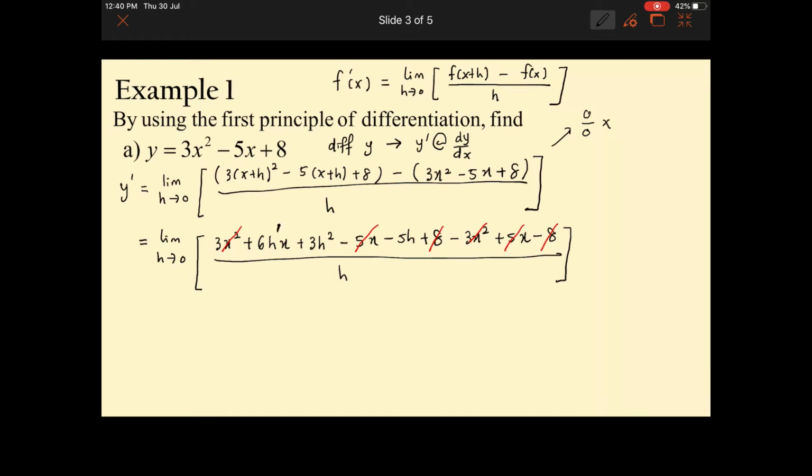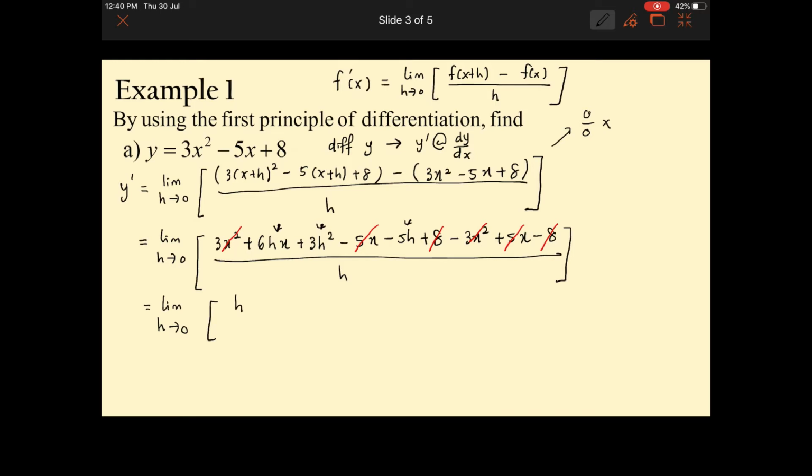Okay, once again, if you directly try to substitute h equal to 0 into your function here, once again you will encounter 0 over 0 case. So that's not the answer yet, but we can detect that all the terms have the same factor of h. So we know now that we can factorize h outside.